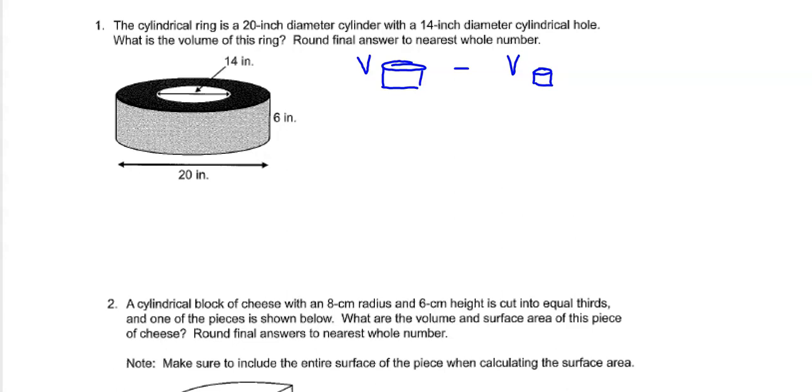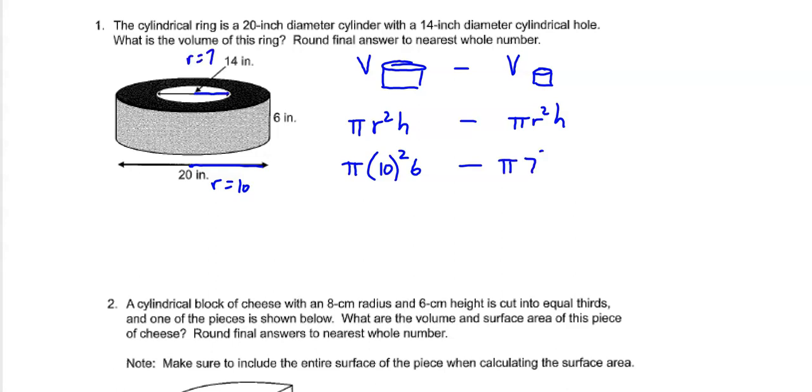So the big dog, volume of a cylinder is pi r squared h. Same thing for this one, pi r squared h, but they both have different r's. The big dog has a diameter of 20, so the radius would be 10. So I have pi 10 squared, h is 6. And then the smaller one has a radius of 7. So that's pi 7 squared times 6.